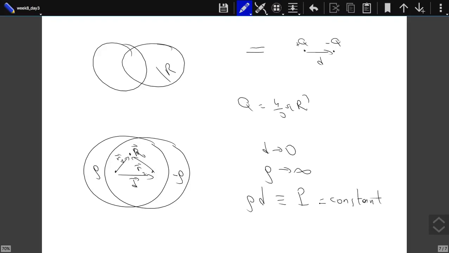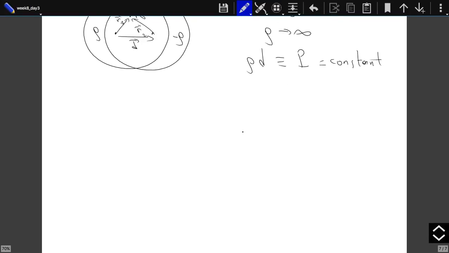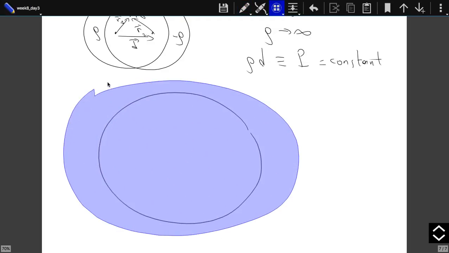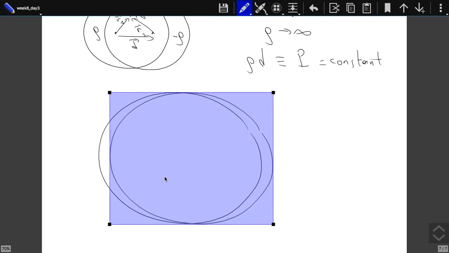Rho goes to infinity, d goes to 0, rho times d is constant. So what is the corresponding surface charge density? They are very close to each other.